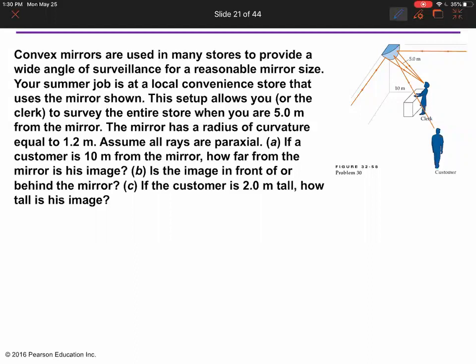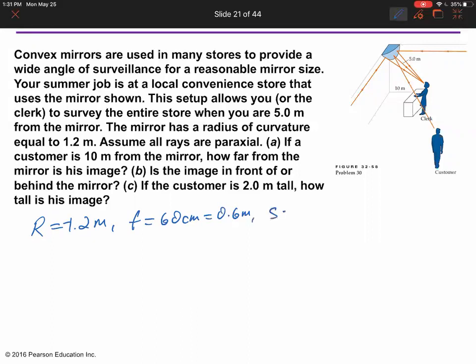Again, we can use the equation. Let's write down what we're given. The radius is 1.2 meters. And remember, this is a convex mirror, so technically it's negative. That means the focal length is half of this, or 0.6 meters, because here we were given most of the values in meters.